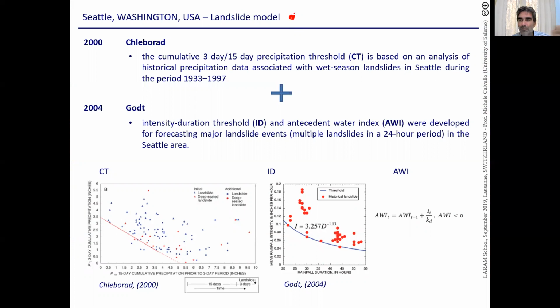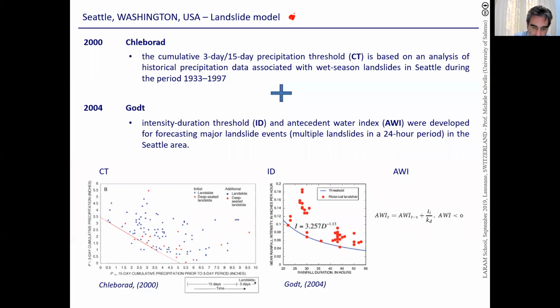Besides rainfall, there is something else that is taken into account. And as I said before, as a general comment, also in this case, the system is updated. So even the landslide model is updated.